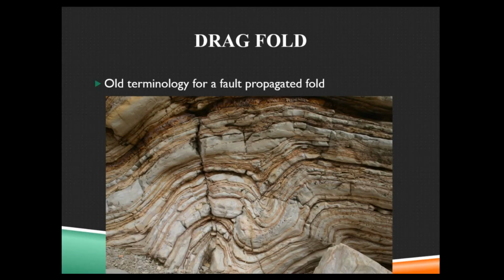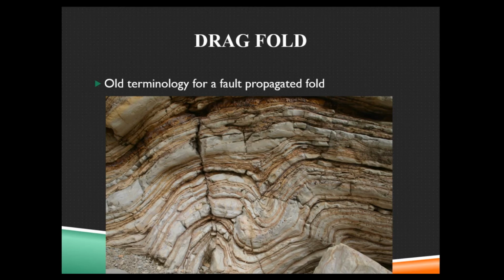An old term, not used currently, but still shows up if you're reading older geology papers and books, is something called a fault propagated fold. Or, I'm sorry, drag fold is the old term. Fault propagated fold is the current term. Sorry to create confusion there.